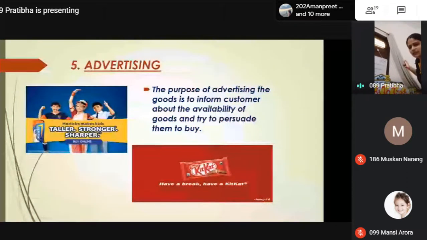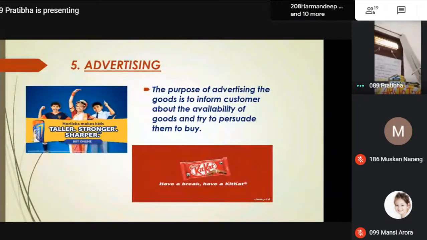Next is the transportation scene. Here, this facility provides the movement of goods from the place of production to the place of consumption. And this is the scene of the bank, which is helpful in providing funds, or help in exchange of funds, like accepting deposits or advancing loans.